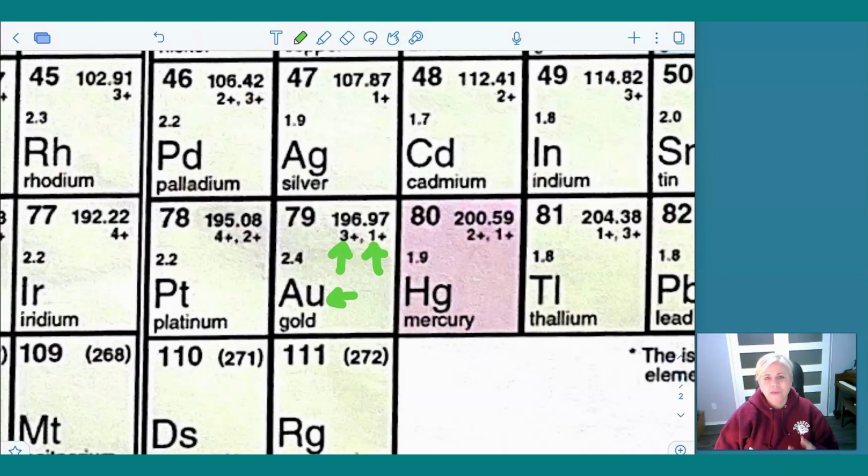So this is what we call multivalent. It's got more than one possible charge. When it bonds, it either gives away 3 electrons or it gives away only 1. So it's kind of like it's got a split personality, and we have to use Roman numerals to tell which one we're dealing with. So this one said Roman numeral 1, so we are going to use a +1 charge for it.